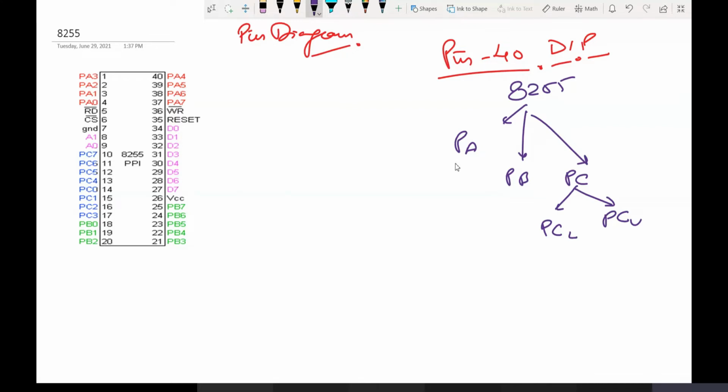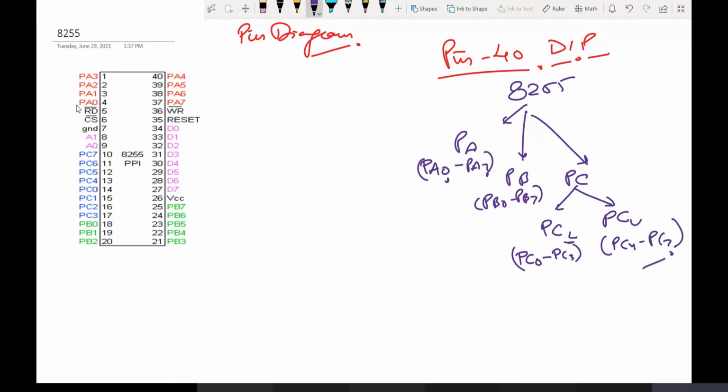How do we identify the number of pins? The way to write is PA0 to PA7. These are 8 bits. PA is port A, and this is the bit number. Same for port B, PB0 to PB7. A little different for port C, since it is lower, that means lower 4 bits, PC0 to PC3. Upper one, PC4 to PC7.